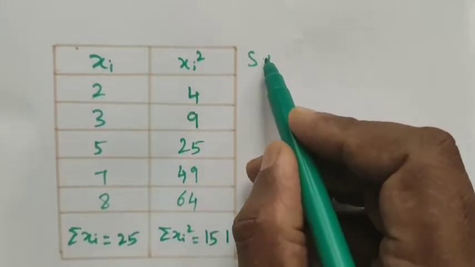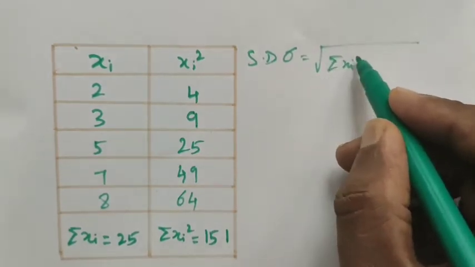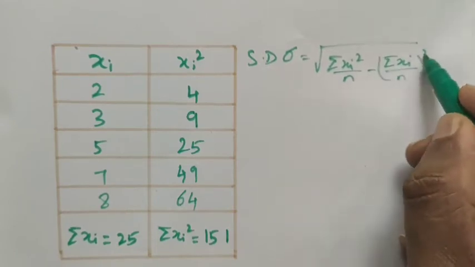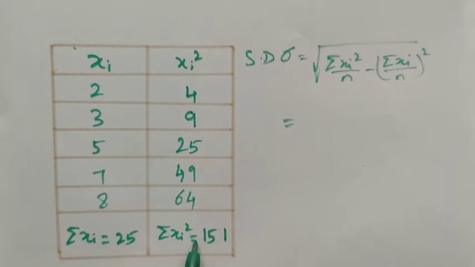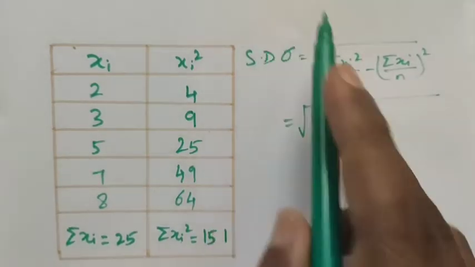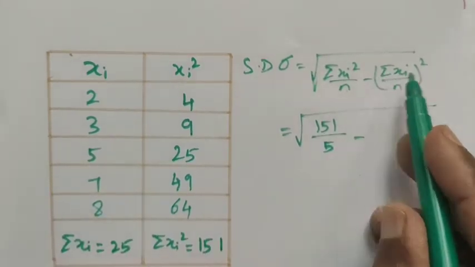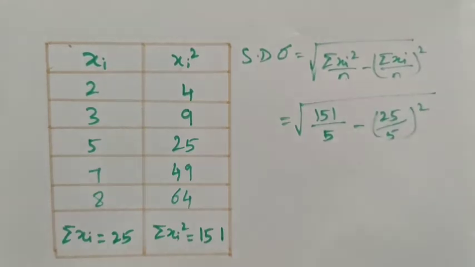Now the standard deviation sigma is equal to root of summation xi square divided by n minus, summation xi divided by n, whole square, is the formula. We have found summation xi square and summation xi. So root of 151 divided by 5, minus 25 divided by 5 whole square.